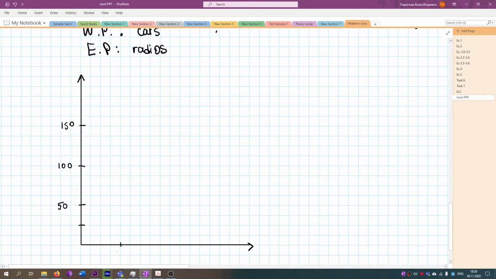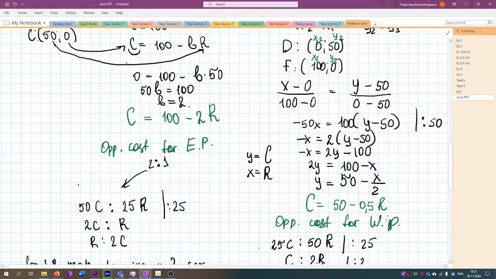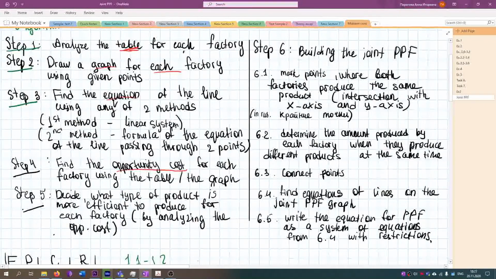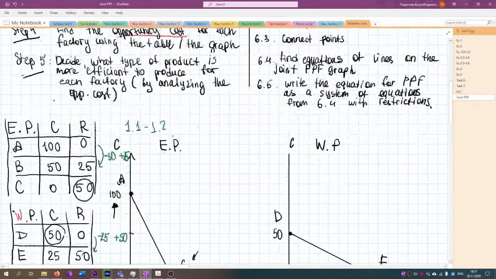So again 50, 100, 150. On the y-axis we have cars, on the x-axis we have radios. And according to our plan, we need to firstly mark points where both factories produce the same product, and it will be intersection with x-axis and y-axis.